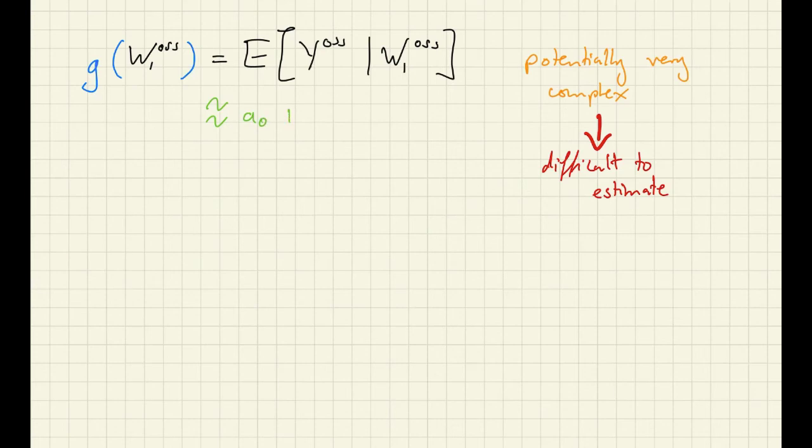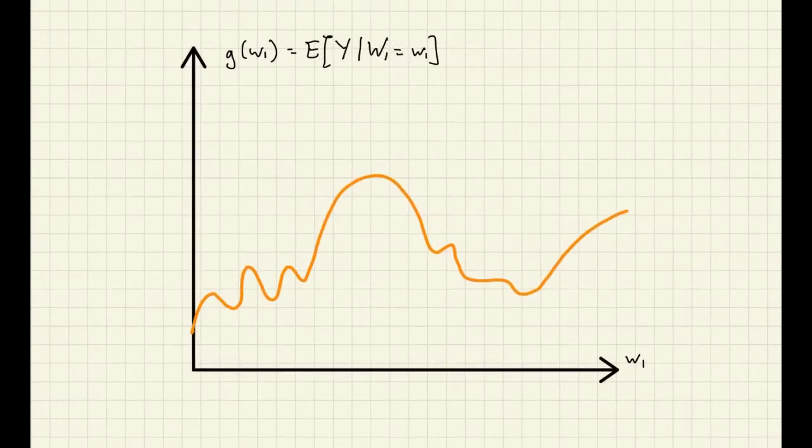It has an intercept and a slope coefficient that multiplies the w1. And if we use such a linear approximation, then we wouldn't be replicating this complex shape. Instead, we would find something that looks like this.